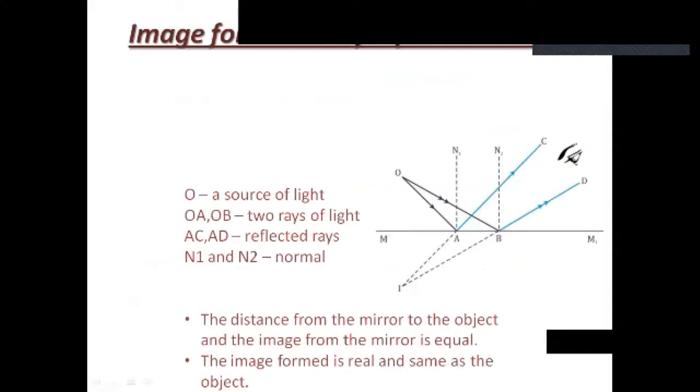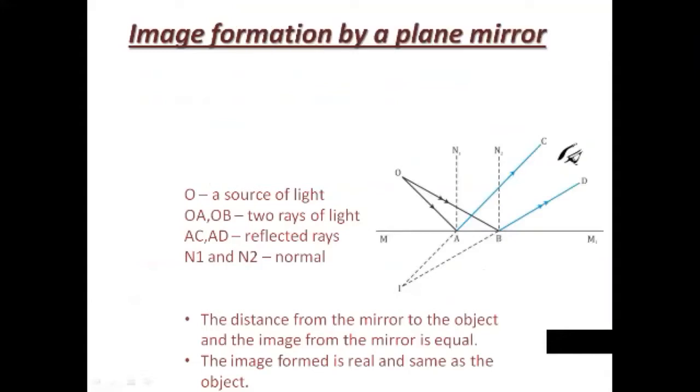Image formation by a plane mirror. In this figure, you can see an eye, rays OA and OB, the normals N1 and N2, the mirror, and the image formation. O is the source of light used here, and the image is the image of the light source.